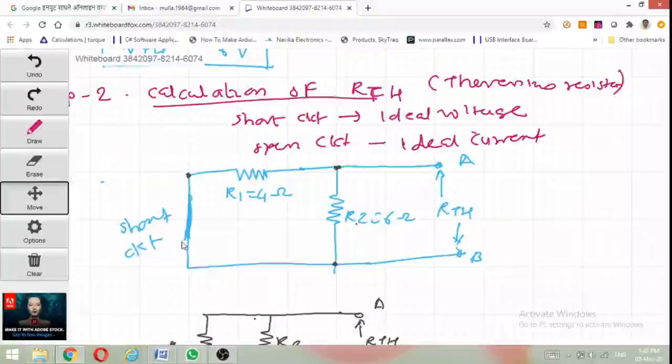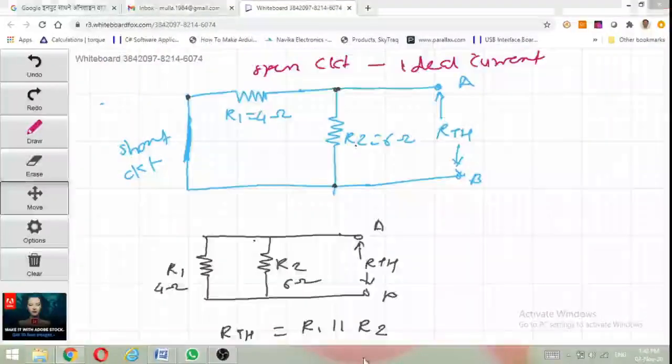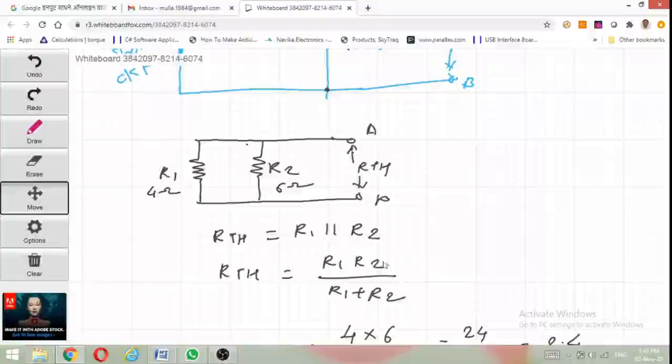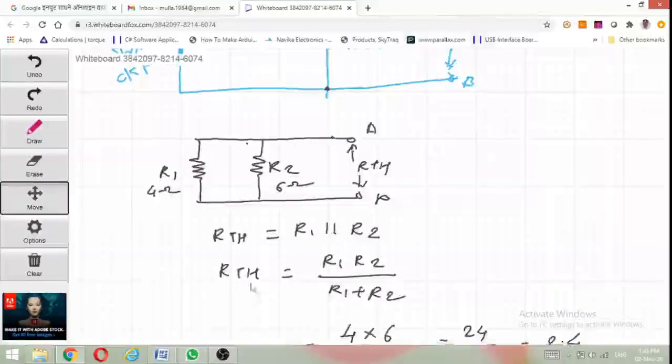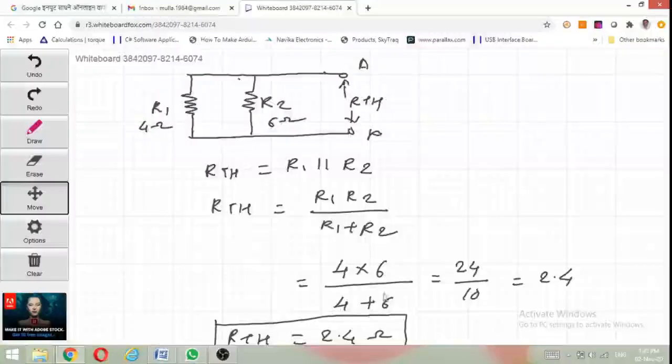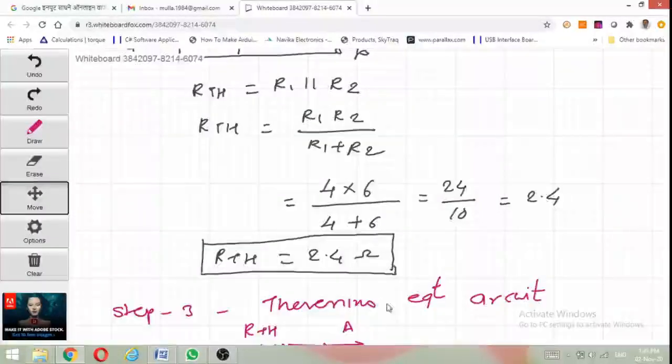Then the resistors R1 and R2 become parallel, so the final value of RTH is equal to R1 parallel to R2, and the equivalent resistor is R1 R2 divided by R1 plus R2. By substituting the values of R1 and R2, it becomes 4 multiplied by 6 divided by 4 plus 6, it is 24 divided by 10, which means 2.4 ohm.